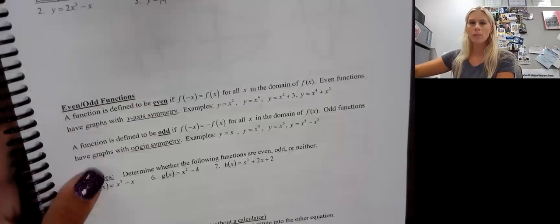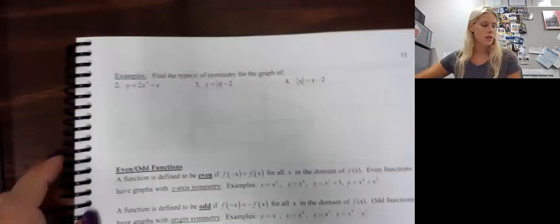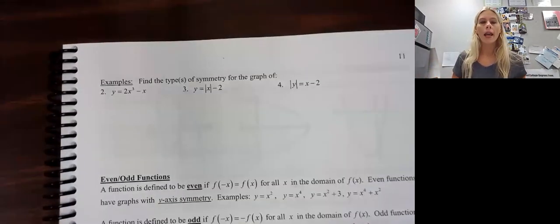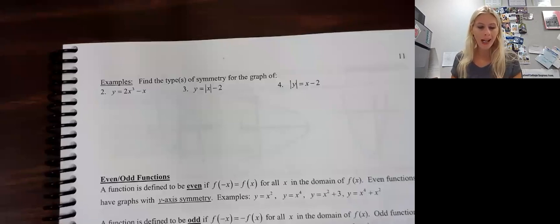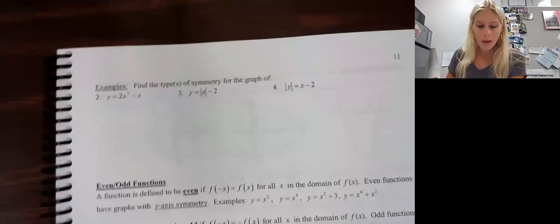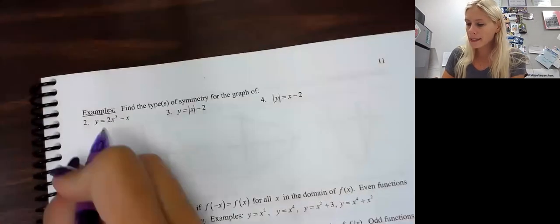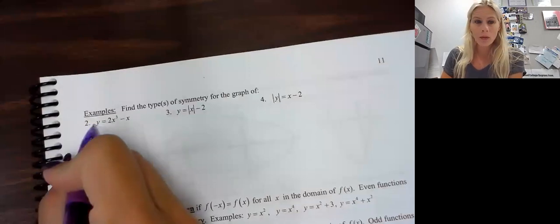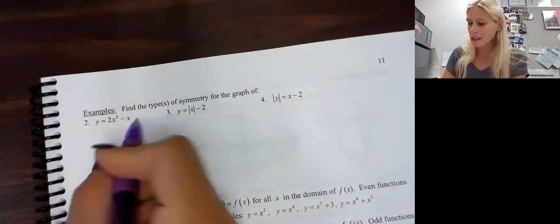Okay, so we're going to practice some of that now. And it really doesn't matter whether you do the formal or informal, guys, at the moment. I like doing the informal because it's the easiest one. So since I have a y equals, I'm going to plug in for x.